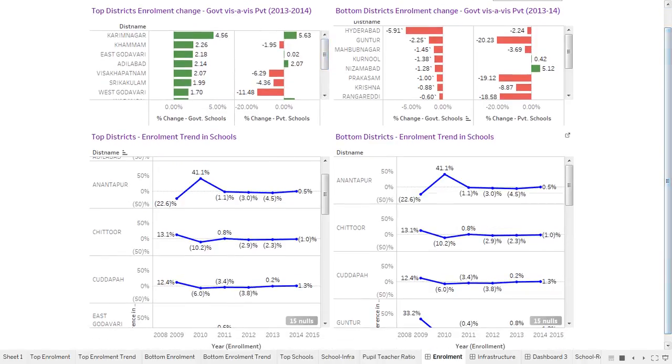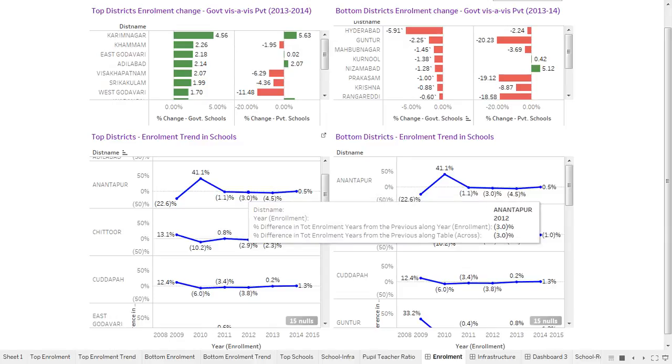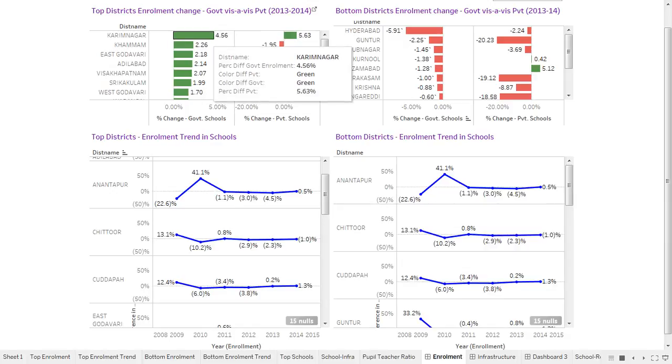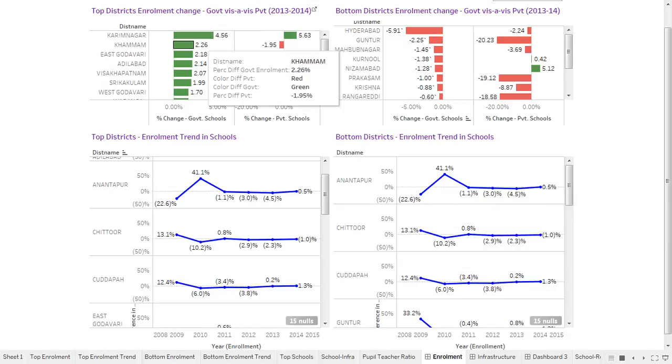In the bottom half, we've also shown the top districts and bottom districts trend across the last 8 years, 2008 to 2014. We brought this figure into this visualization because we believe it gives a general picture of how a district is performing across the last 8-9 years in terms of enrollment, and it could be a good comparison figure when we are looking at these enrollment change numbers.